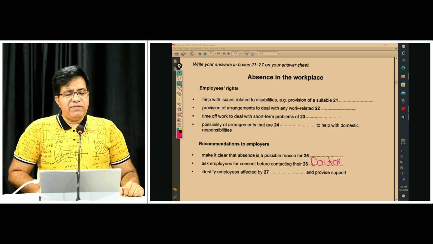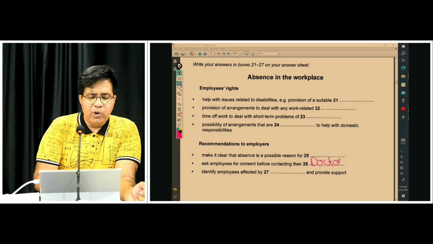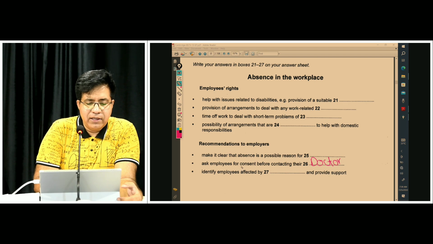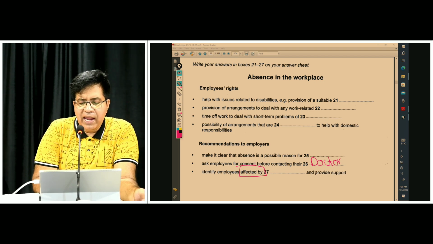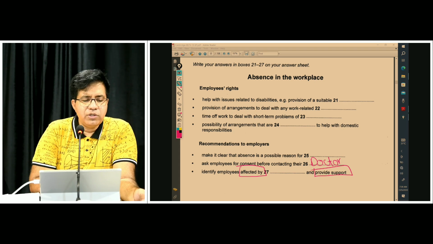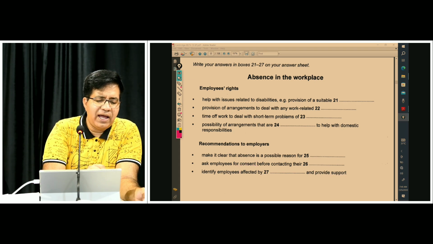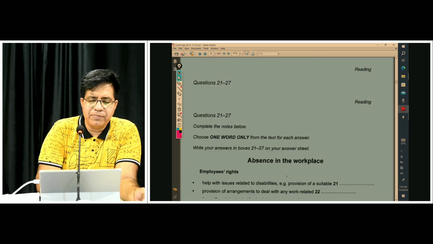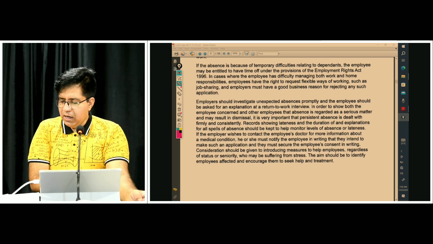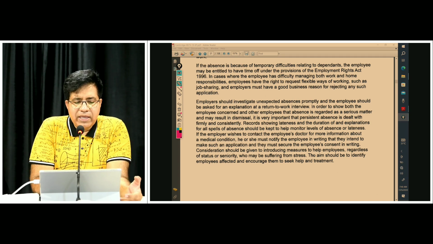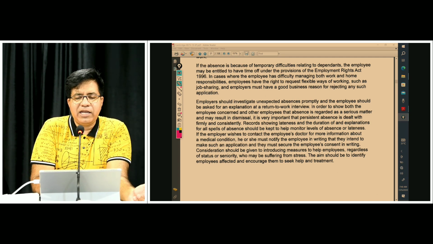Okay, question number 27, please. Identify employees affected by something. Identify employees affected by and provide support. So affected by, identify, find the employees who are affected by something. Okay, last paragraph. Last line. Okay, I'm reading it from 3rd last line. Please follow me.